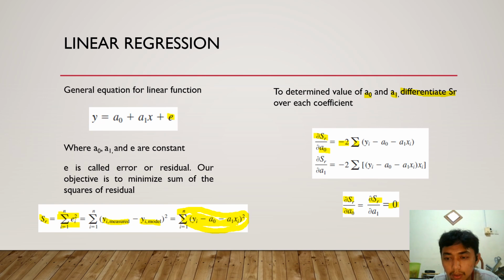Then we differentiate SR by a1 and obtain this statement, and these two are equal to 0.